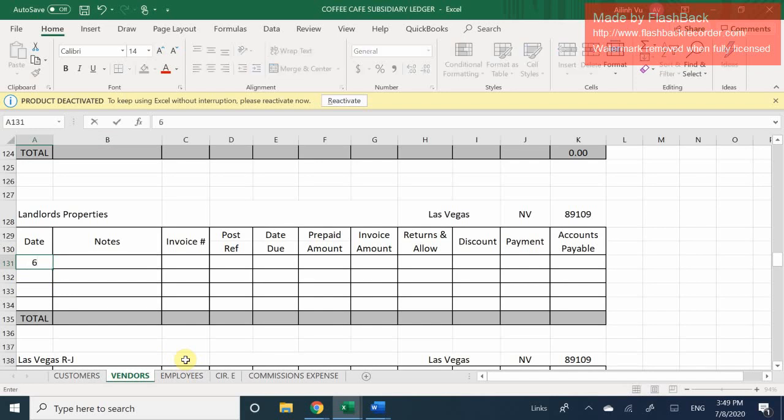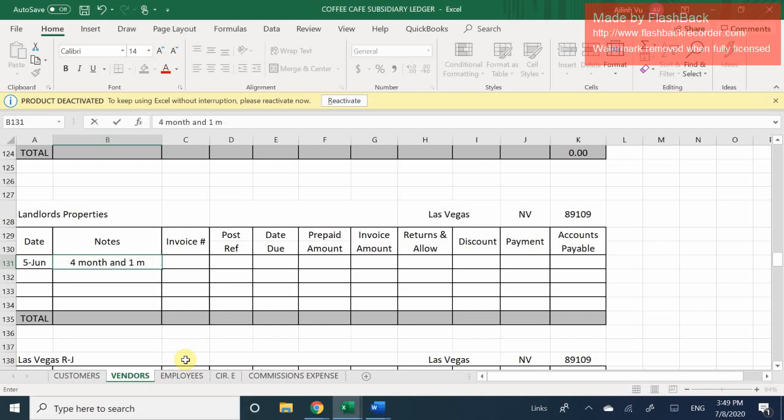Okay. So in 6.5, Landlord Properties, okay. Properties are a vendor. This is on June 5th. Can we just write check number?